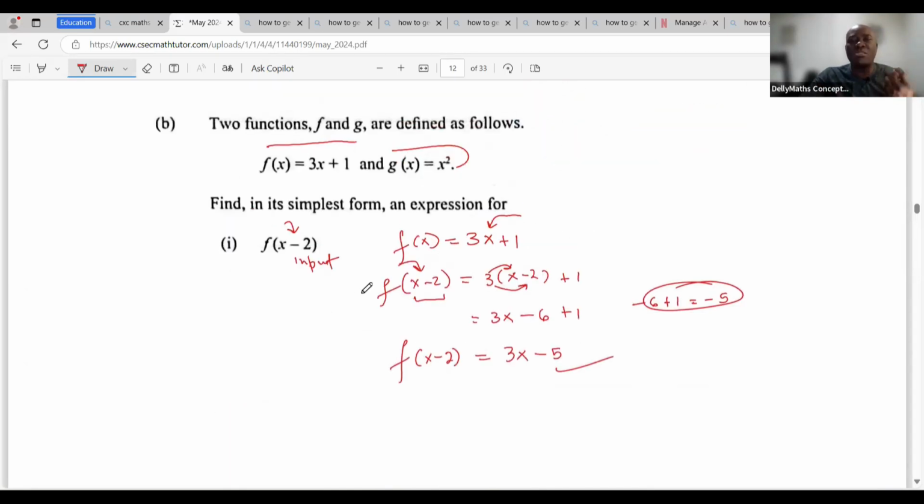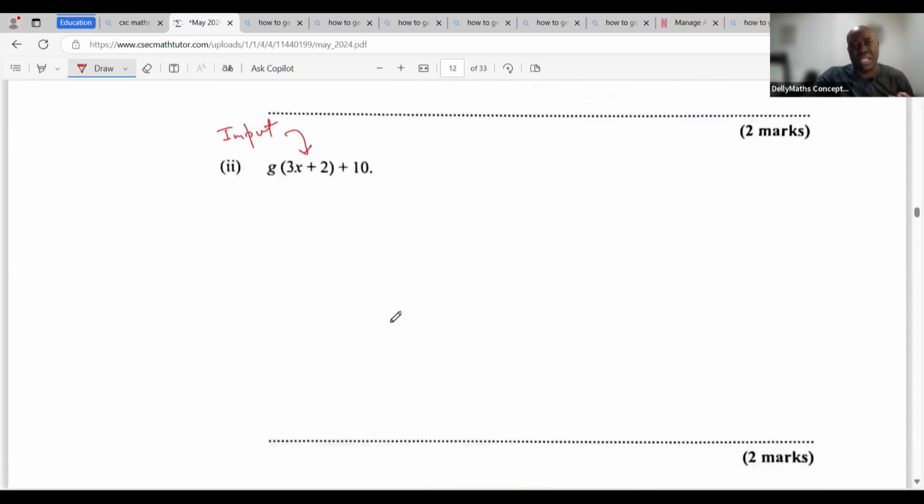But what we need to do is to remember what the g function is. So g of x is actually equal to x squared. Remember, we're trying to find g of 3x plus 2 in a bracket, then we have plus 10.